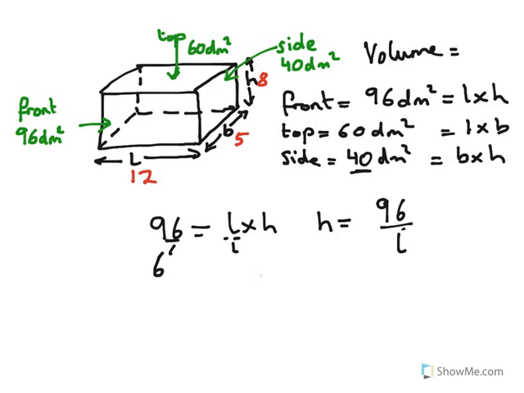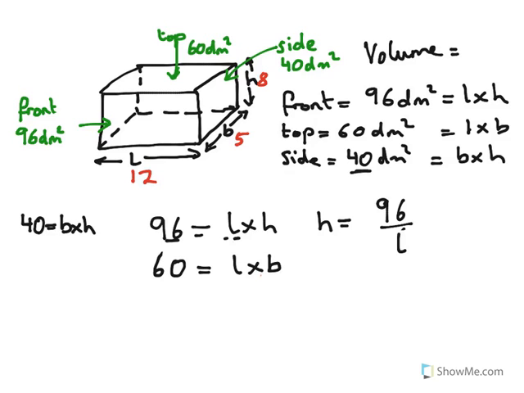What else do I know? Well, I know that 60 decimeters squared, the surface area of the top, is the same as L times B. And we'll leave that one for the moment, because there's another one that we also know: we know that 40 equals B times H. So I would like to rearrange that one so that we get it in terms of B as well.